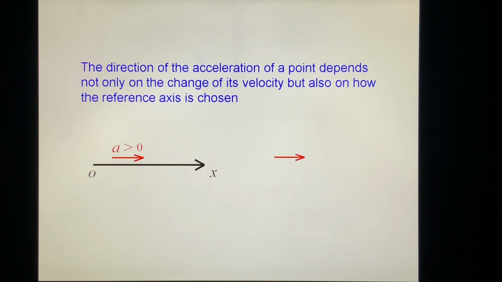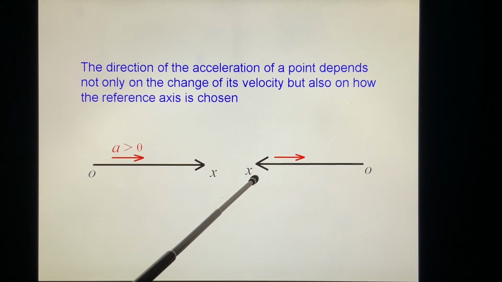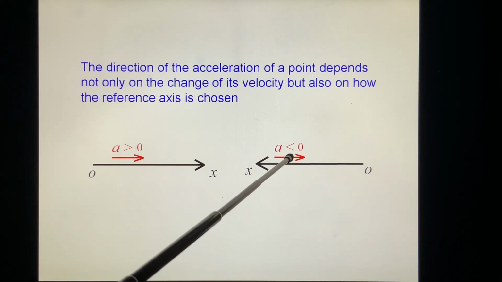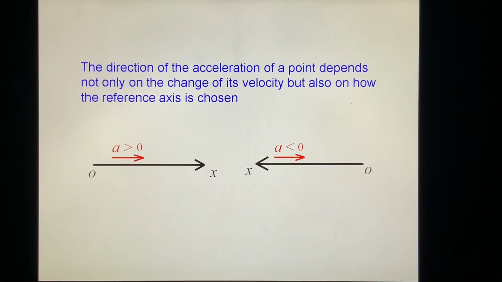Same acceleration: if we take the reference frame x positive to the left, in this case a is smaller than 0. Whatever, they are the same movement. It depends on how you choose the direction of the frame. Both are right.